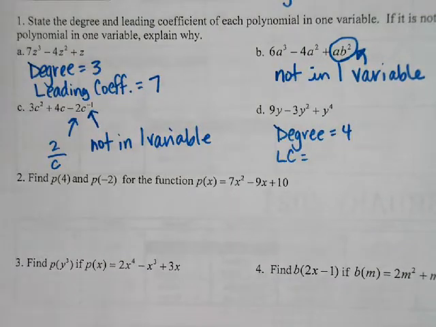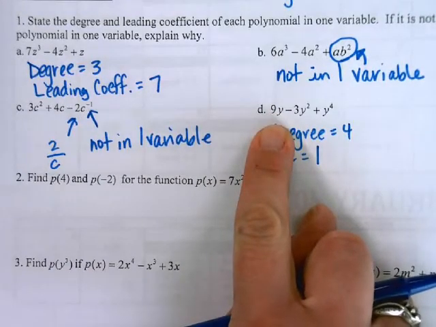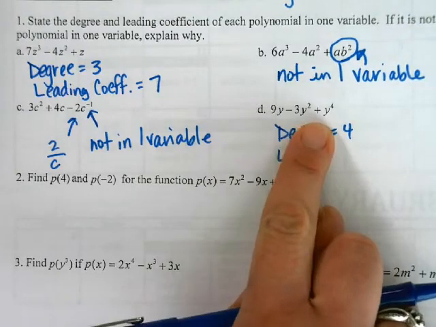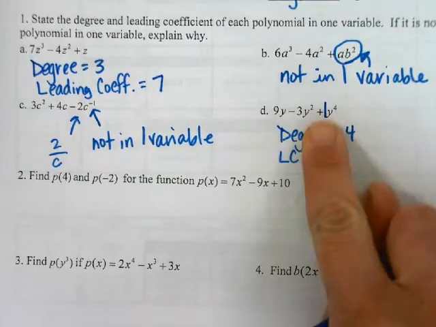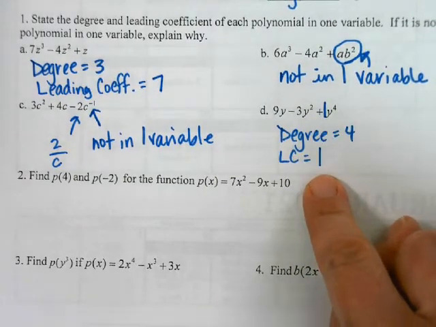It's 1, right? Be careful because the 9's out front. So he sort of looks like he's the leading guy. However, it's the coefficient in front of this guy. Now, if it would have been a negative 1 or minus y to the 4th, then our leading coefficient can have a negative. That's okay.